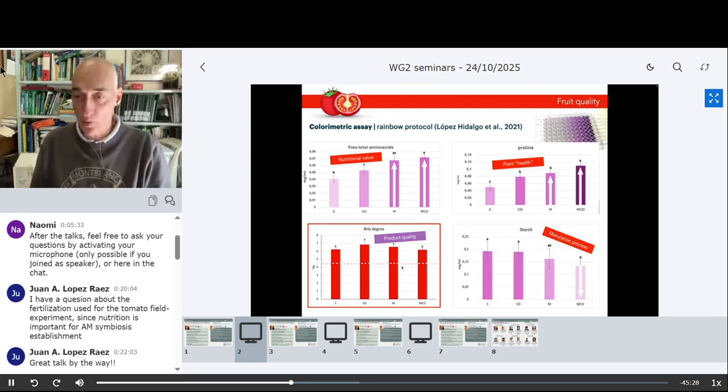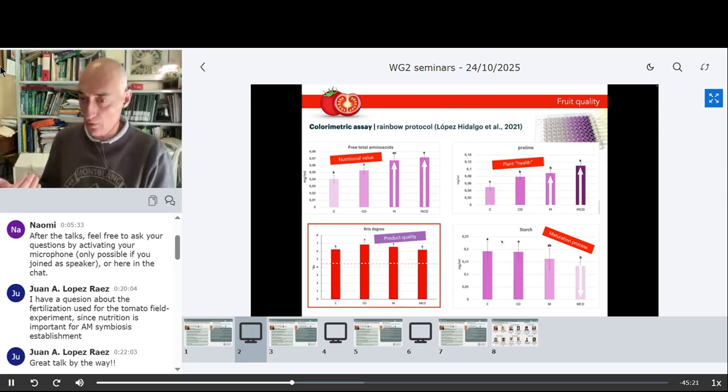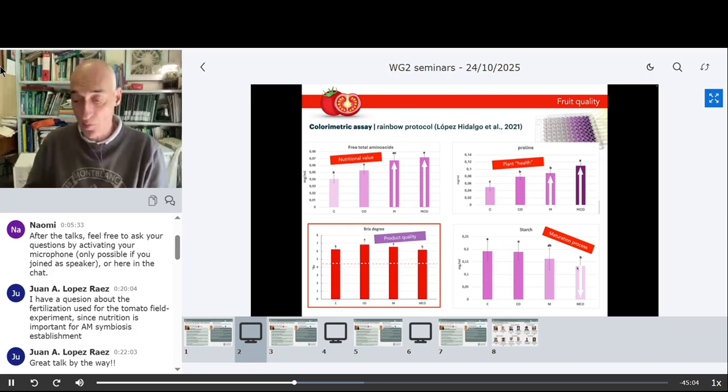The last parameter we looked at was the content in starch, which is again interesting because starch is not normally what you want to have in your tomato, and it's actually being accumulated in the fruit before maturation and then being cut down into simpler sugars as maturation proceeds. So what is interesting here is that MCO plants have a smaller amount of starch in their fruits, suggesting that they are in a more advanced maturation stage compared to the controls.